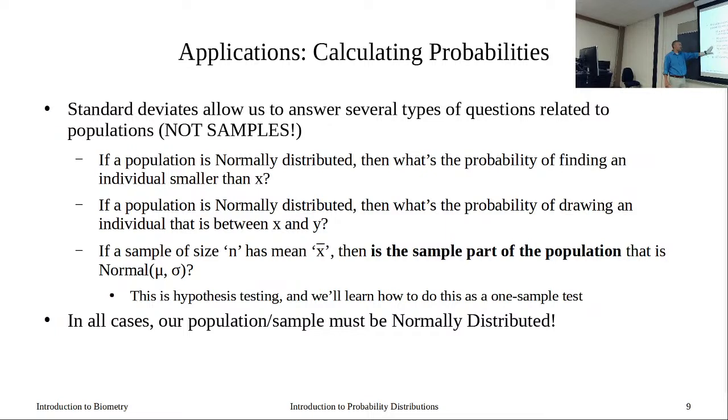We'll calculate p-values and compare p-values to answer this question. These first two are just standard probabilities. But note, in all cases, with these types of questions, we make the assumption that our population is normally distributed. And the test would probably say that: assume the population is normally distributed.